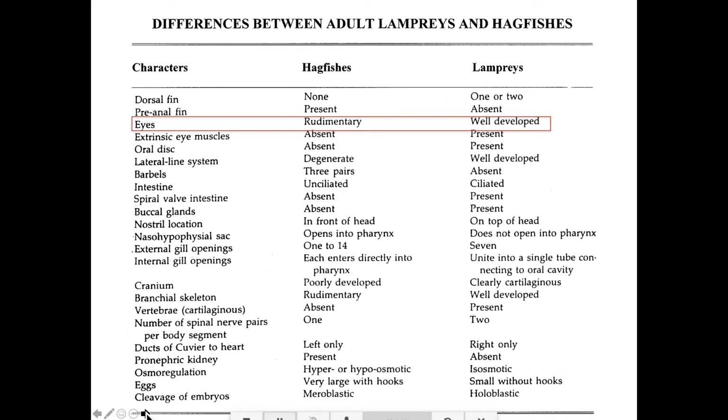I think the easiest characteristic to look for are the differences in the eyes. The hagfish, you basically cannot see these on the specimen, while in the lampreys, they're very well developed. The lateral line system in hagfish is degenerate, while in the lampreys, it is well developed.